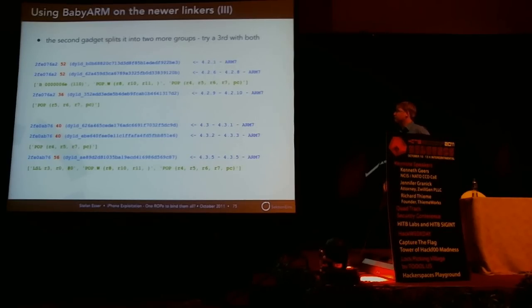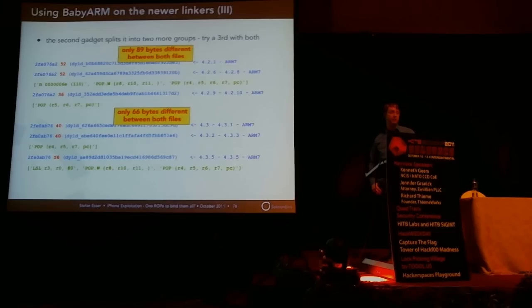And what we would do now would be, of course, to try to split up the other 2. And you can try that, or I tried that, and then I realized it cannot find a way to distinguish between both of them. And the reason for that is, when you look at the first 2 dynamic linkers, there are only 89 different bytes in there.